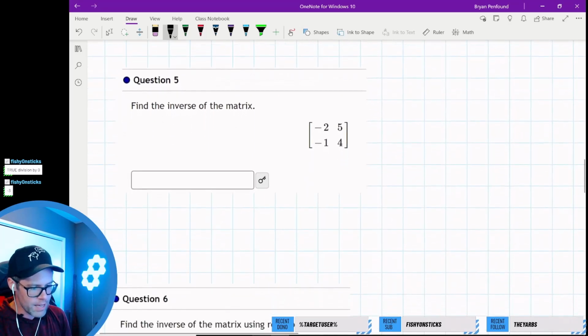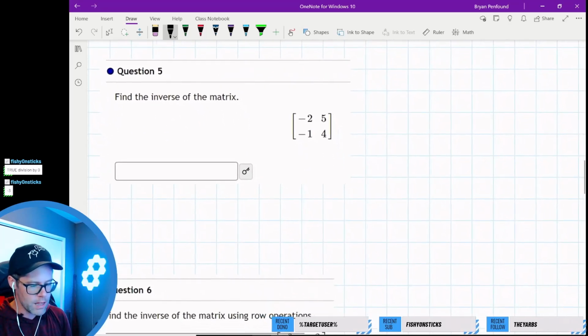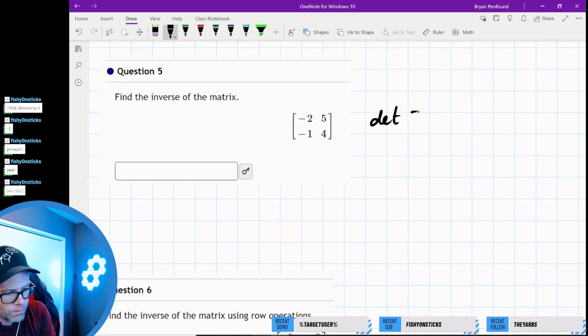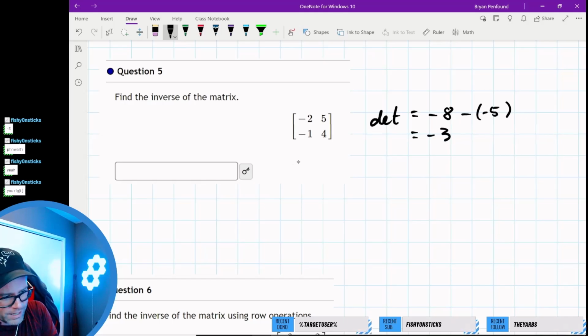Question 5, find the inverse. Ooh, find the inverse. Well, we need the determinant first, which is negative 8 minus negative 5. So that is negative 3. So I need 1 over the determinant times 4, negative 2, negative 5, and 1.